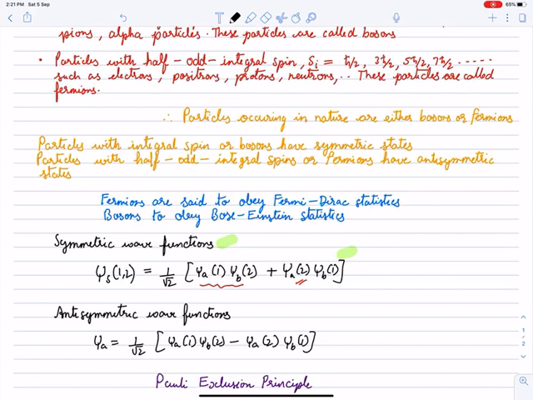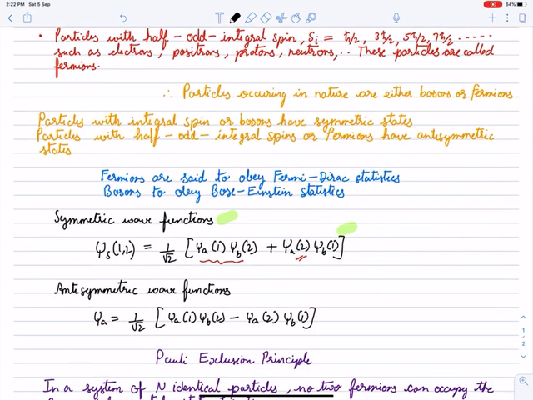It is in a superposition of two and cannot be in only one state, so you have to write it both ways: if particle 1 is in state a then 2 is in state b, and then the reverse. Similarly, the antisymmetric wave function is obtained by putting a minus sign. Symmetric functions obey Bose-Einstein statistics, and antisymmetric ones obey Fermi-Dirac statistics.